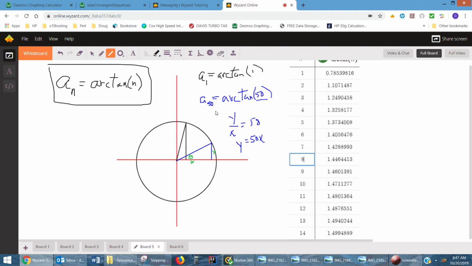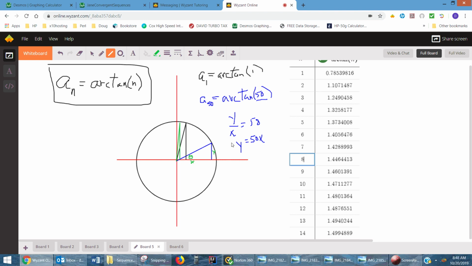But what if I talk about a sub 1000? What's the angle that has a tangent of 1000? Well, this angle would have to be coming up this way to get a tangent of 1000, because I need the y value, the vertical component at this point on the unit circle, to be 1,000 times bigger than this little x value.